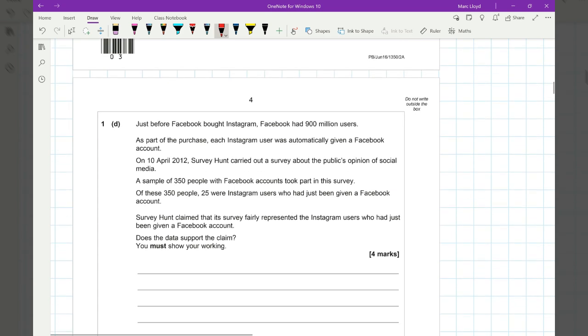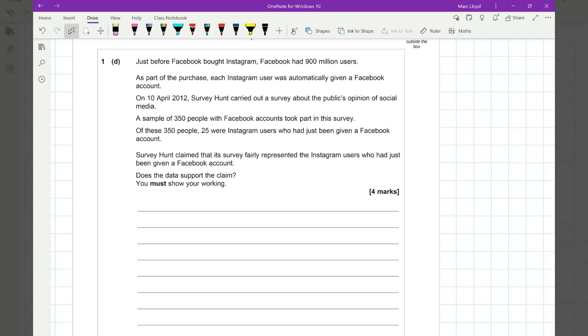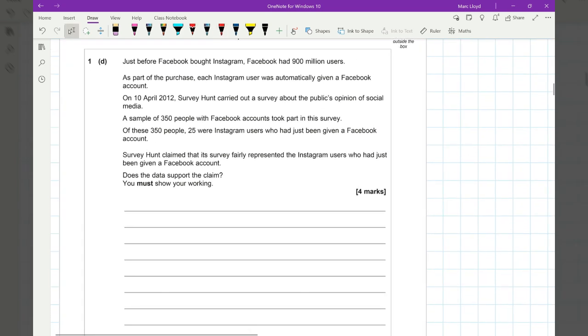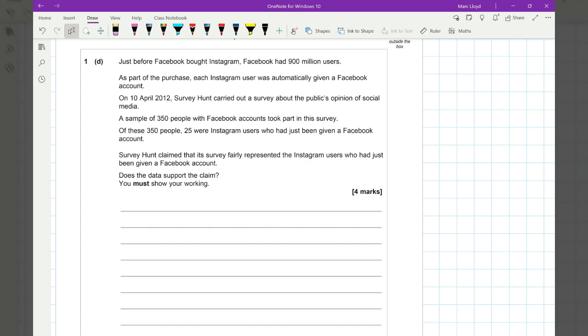Okay, part D. Just before Facebook bought Instagram, Facebook had 900 million users. As part of the purchase, each Instagram user was automatically given a Facebook account. On the 10th of April 2012, Survey Hunt carried out a survey about the public's opinion of social media.